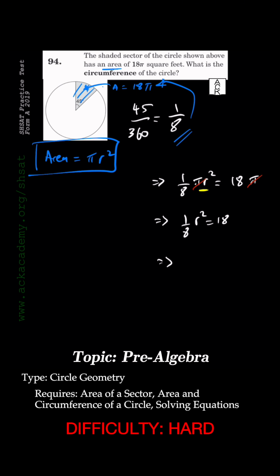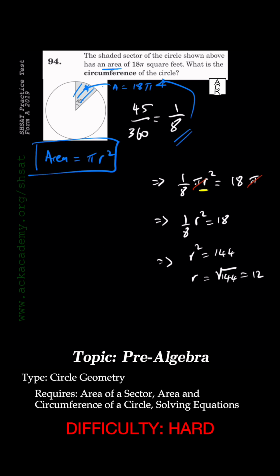Let's isolate the r squared: 18 times 8 is 144. r squared is equal to 144, and then r is equal to the square root of 144, which is 12, because 12 squared is 144.